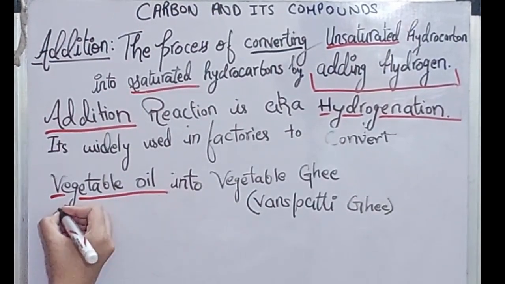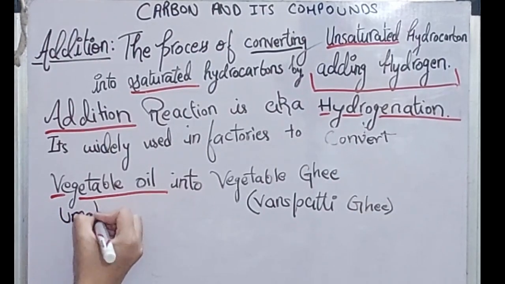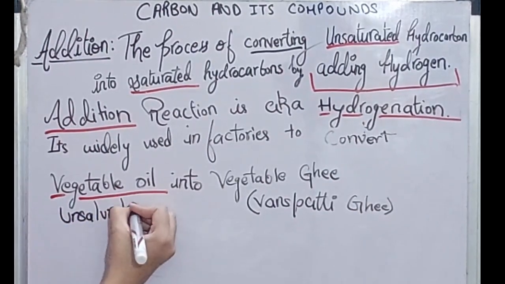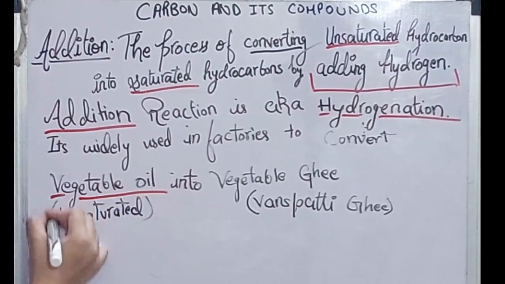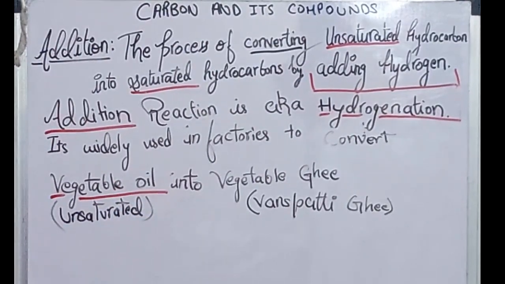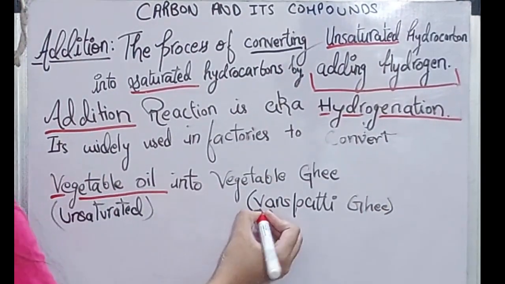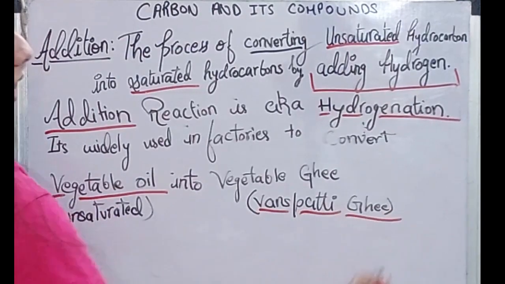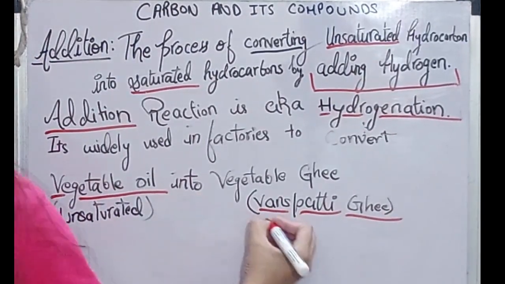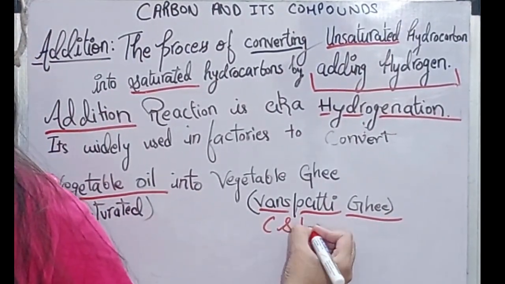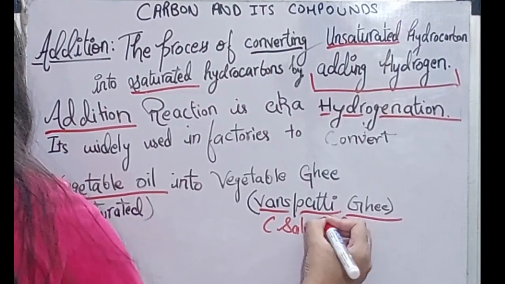But this is an unsaturated hydrocarbon. Vegetable oil is an unsaturated hydrocarbon. And what about this vegetable घी, जिसको हम हिंदी में कहते हैं वनस्पति घी? तो समझ आ ही गया होगा, this is a saturated hydrocarbon.